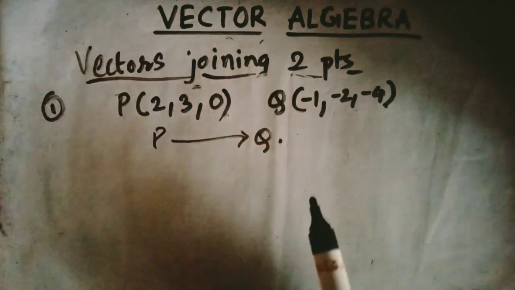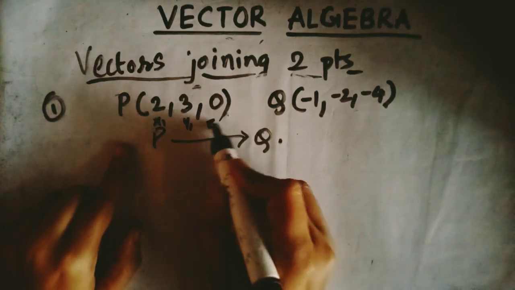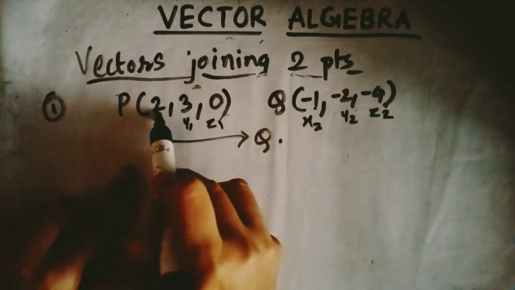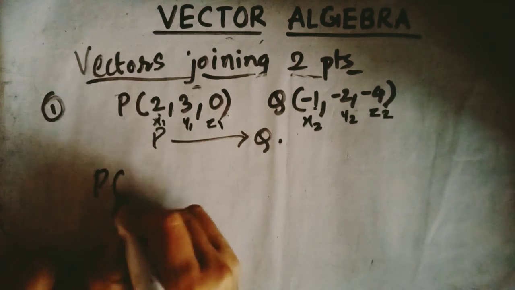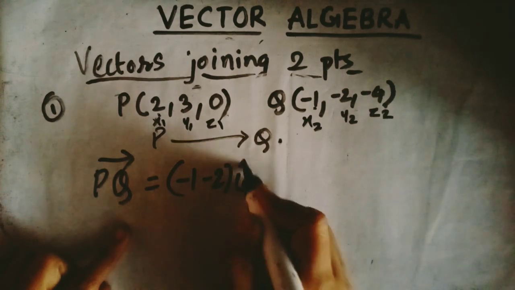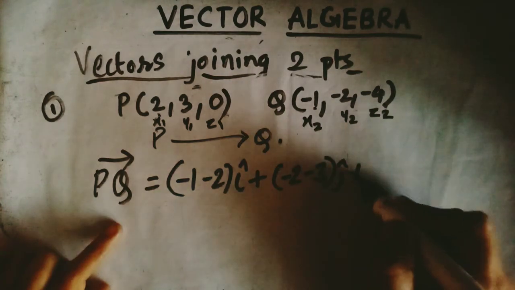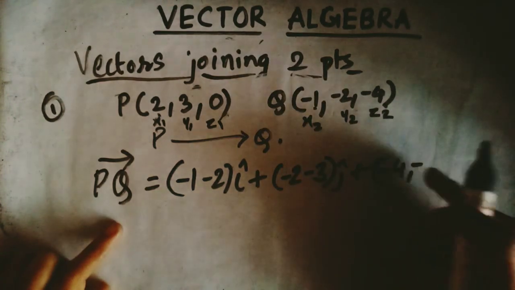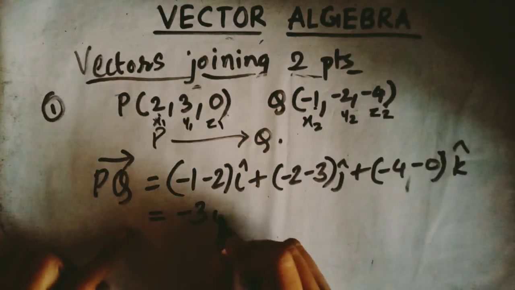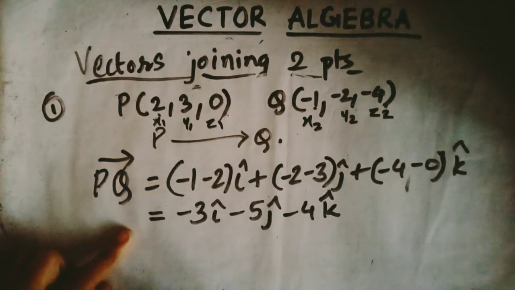So consider P as x1, y1, z1 and Q as x2, y2, z2. If it is directed from P to Q, then you do (minus 1 minus 2) i plus (minus 2 minus 3) j plus (minus 4 minus 0) k. So this will be minus 3i minus 5j minus 4k. This is your PQ vector.